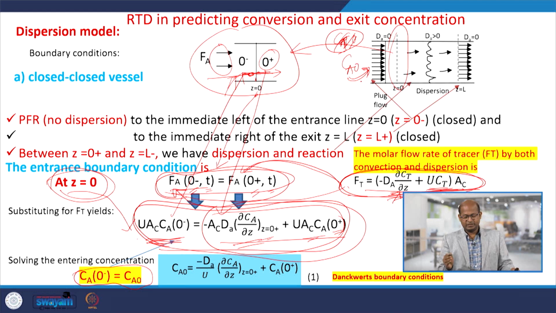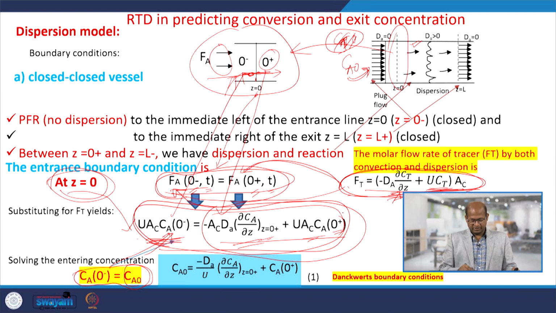So, C_A0 minus we can say is C_A0, but here we cannot say C_A0 plus equals C_A0, since there is diffusion. So, the concentration would be different. Therefore, at this particular point C_A0 minus we can substitute this.